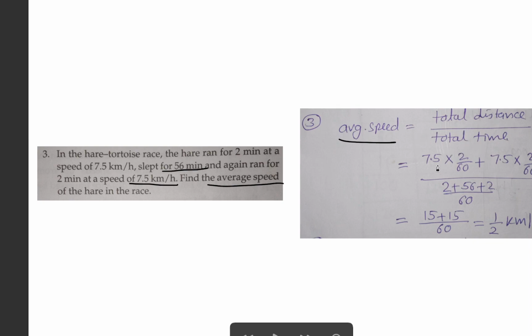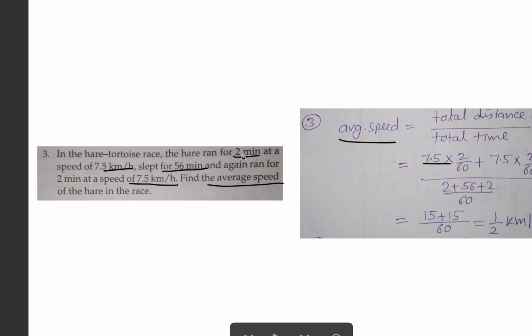We can calculate distance using the time and velocity. So velocity into time is equal to the distance. So 7.5 multiplied by 2 divided by 60, and again 7.5 multiplied by 2 divided by 60.